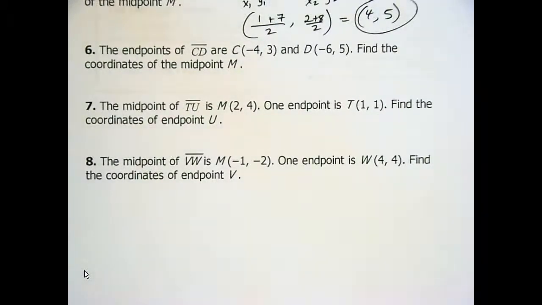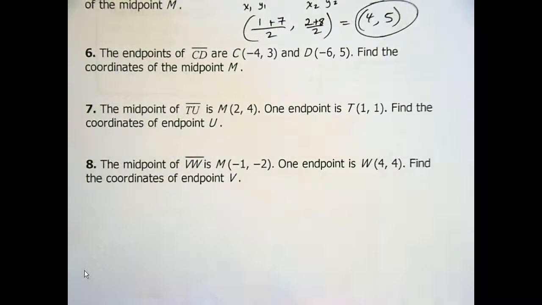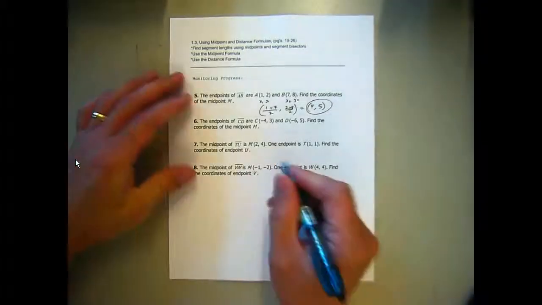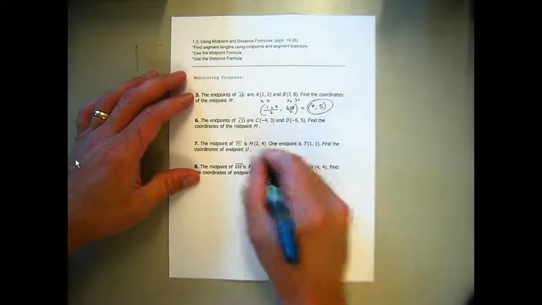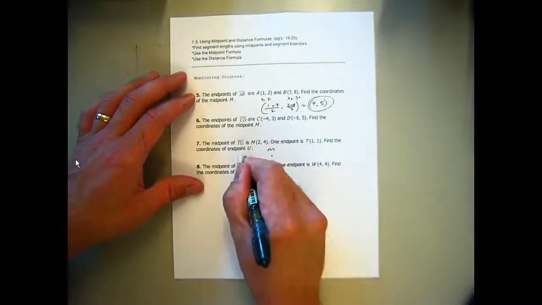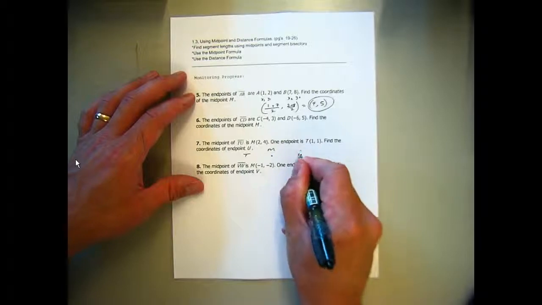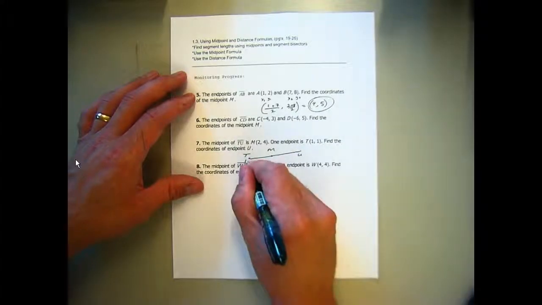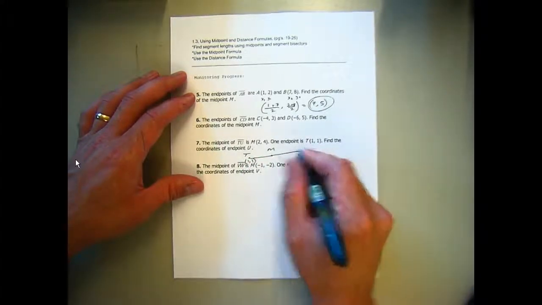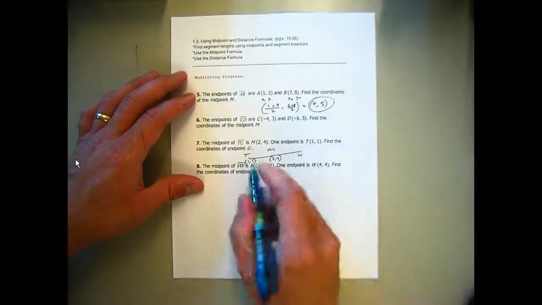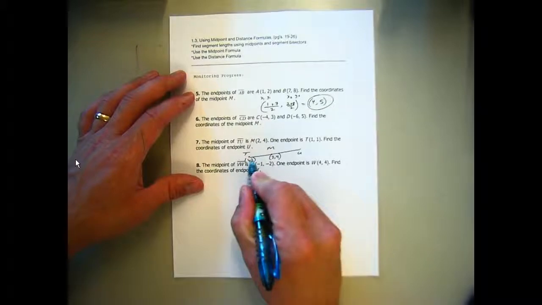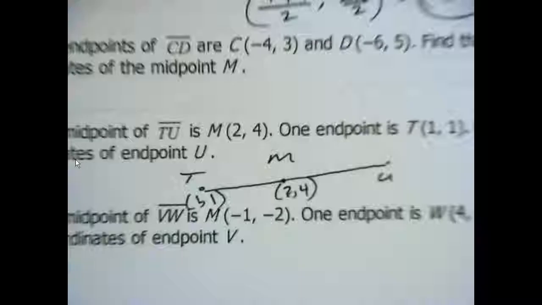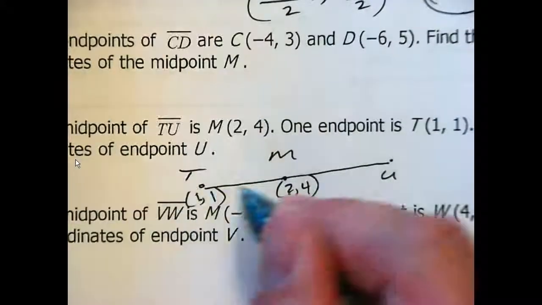Be careful on 7. It has a different question on it. All right. Here we go. So if that point's M, this one is T, this one is U. Let's say we have that. T is at 1, 1. M is at 2, 4. How far do we go from T to M?